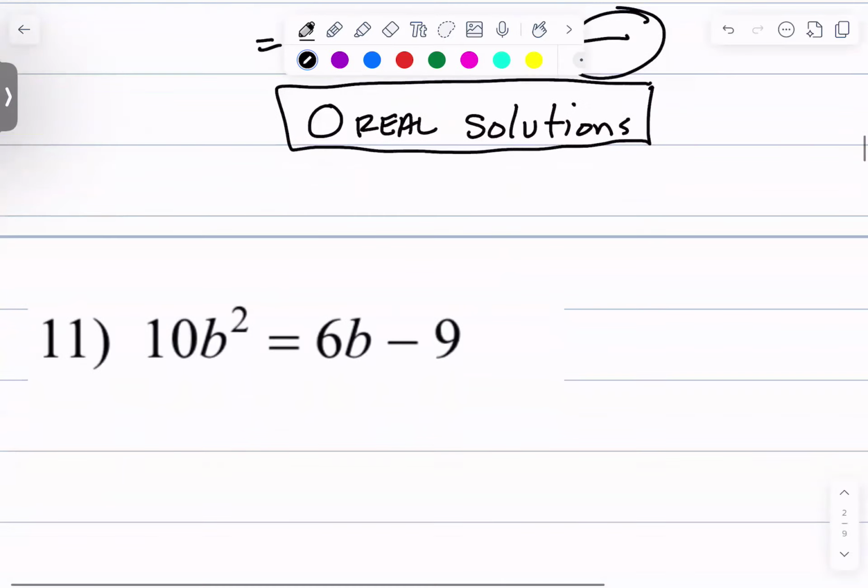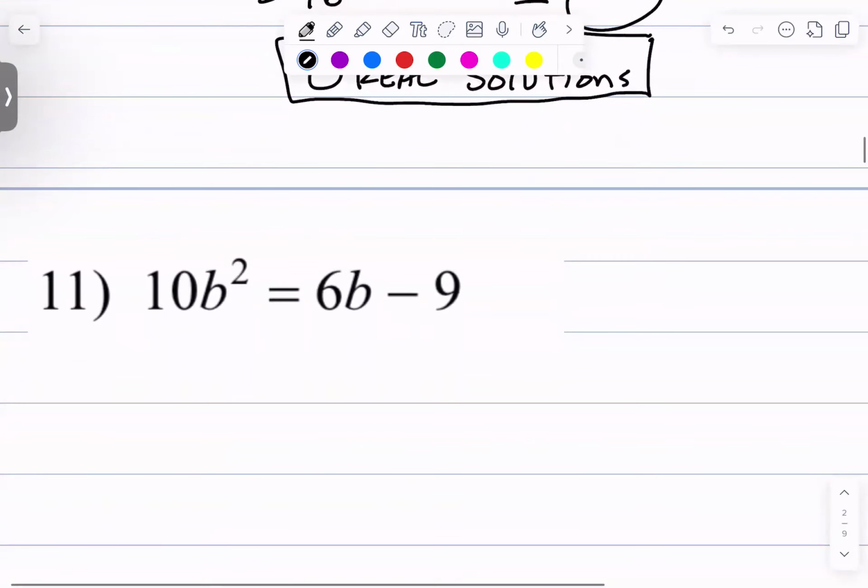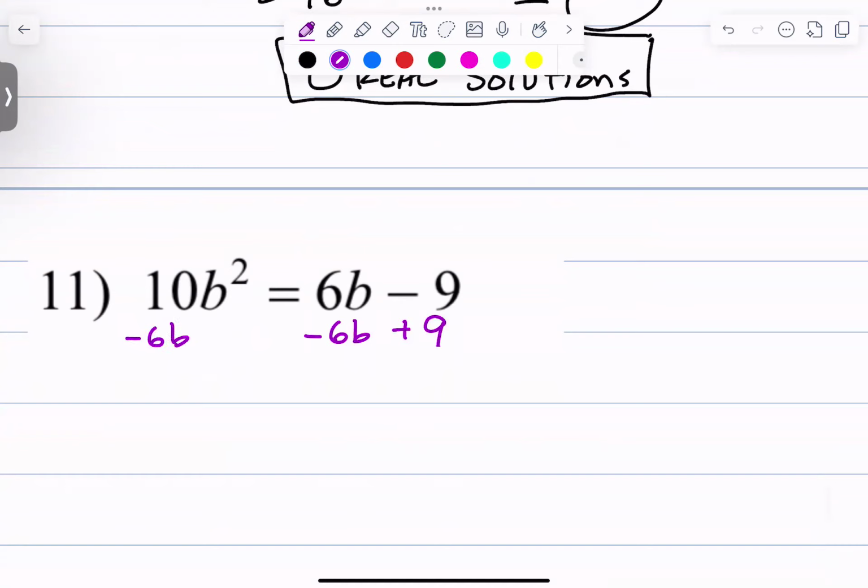Okay. In this case, I am going to subtract 6b and add 9. The reason why I'm subtracting 6b and adding 9, instead of subtracting 10b squared to the other side, is I need you to get used to leaving the coefficient of the variable squared as a positive number.